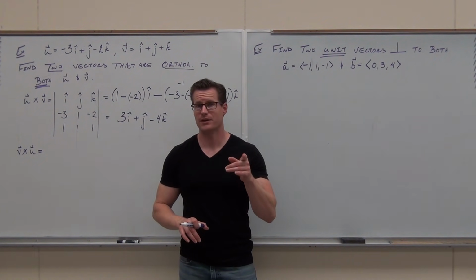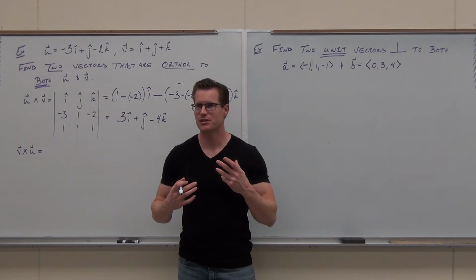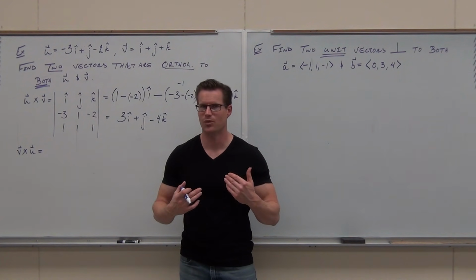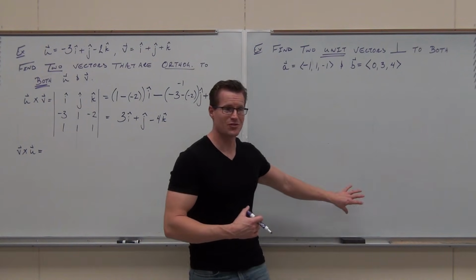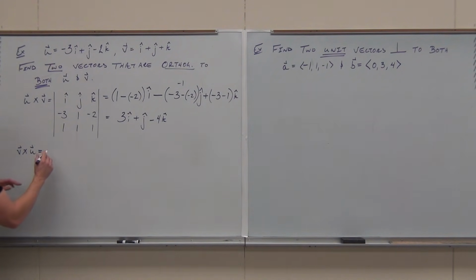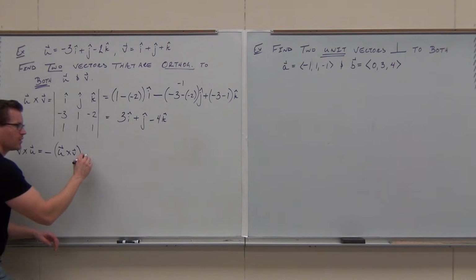How do you find a vector that's the same length, but in the opposite direction? Multiply by negative. I gave you a property up here, right?